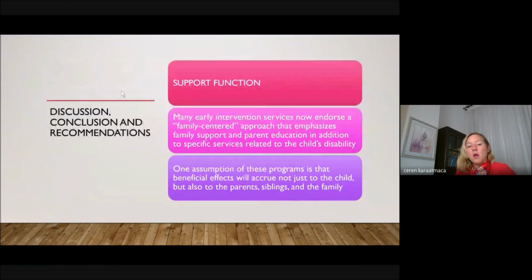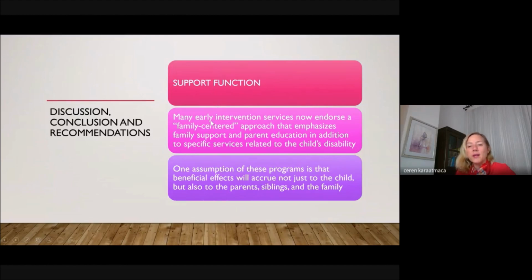So also we talk about the support function, and many early intervention services now endorse a family-centered approach. So when we come to the discussion part, we can say that in other related research, we also see similar results as a support function. And in our article, we are also talking about this support function in detail.